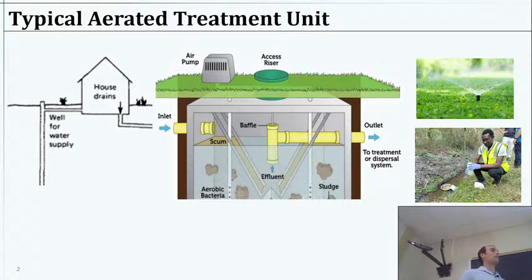So that means if we can put it in the ground and ignore it, great. And ultimately, eventually there's probably going to be a problem and then you stop ignoring it. But hopefully you just do preventive maintenance every 5 years or something and it can operate. So the aerated treatment units require a little more on that.